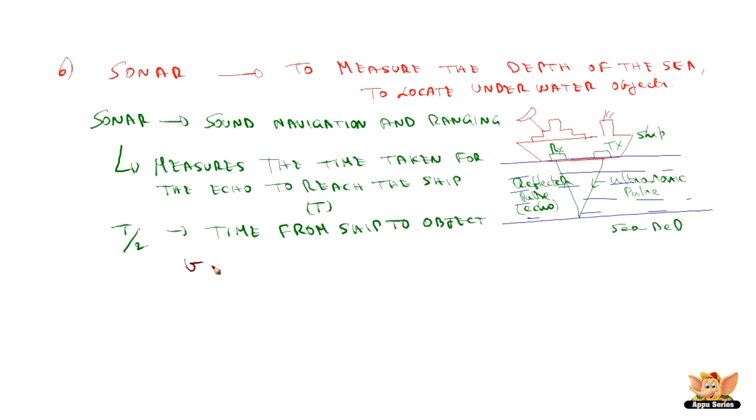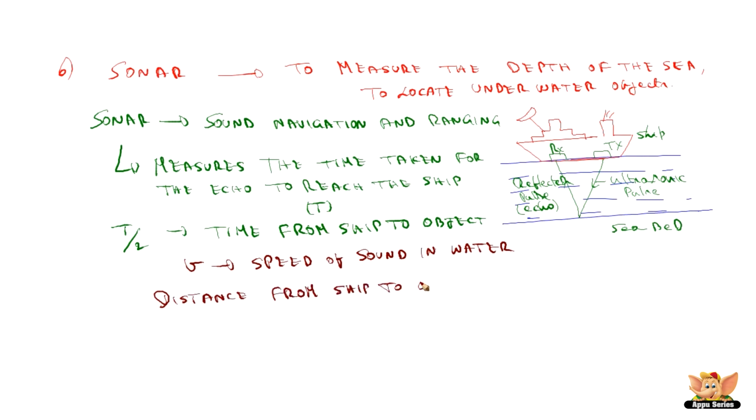Once we know the time taken from ship to object, we know v as the speed of sound in water, which is also a known factor, known data. Having known v and t/2, we can find the distance from ship to object. This will be v × t/2. This gives you the distance. So this is what the sonar does.